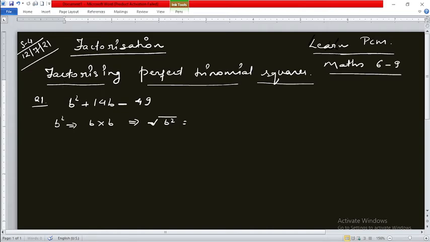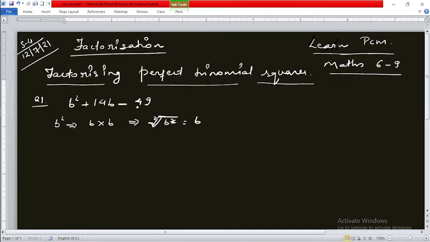Since there is a root over this b square, this square will cancel out with the 2 which is outside, which is not shown, but it is understood that if it is a square root, then there is a 2 outside. So this 2 is going to cancel out with this 2, and you are going to get b as the root of b square.